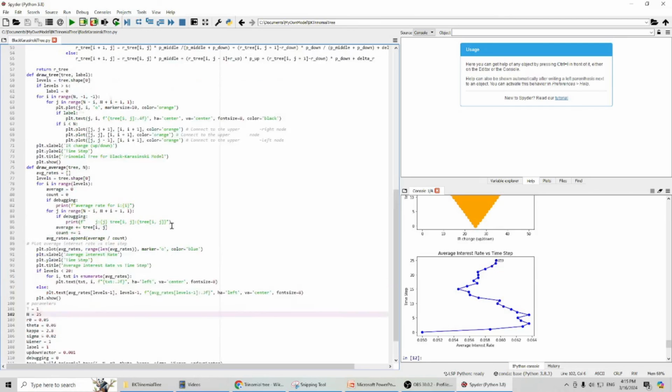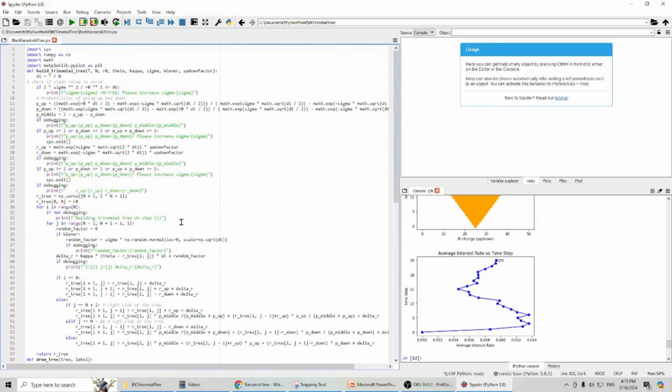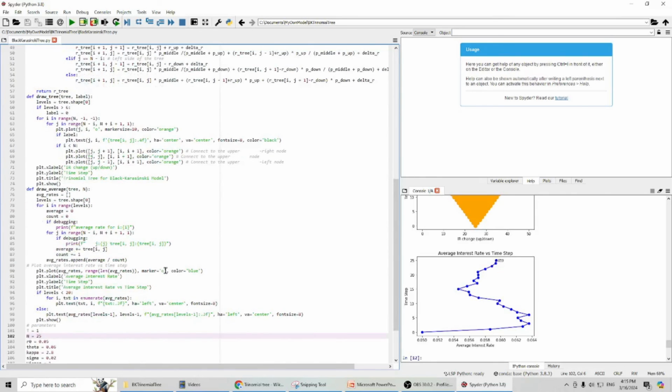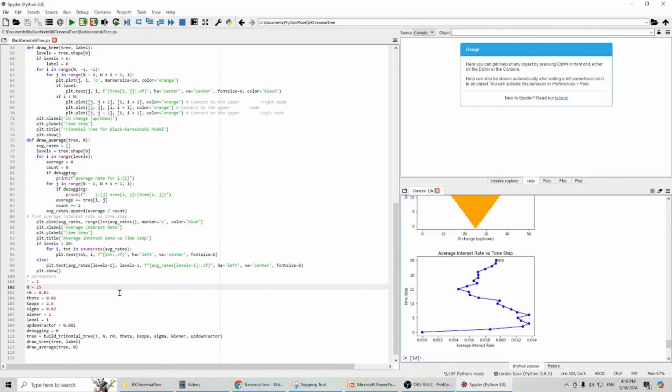I will upload this model, this Python code, to my GitHub. You can download it and change the parameters and try it by yourself. In this model, I put theta, kappa, and sigma as constant because I tried if I change the value, for example sigma, because the limitation of this trinomial tree formula, if sigma is too small, sometimes it can't even build this trinomial tree.